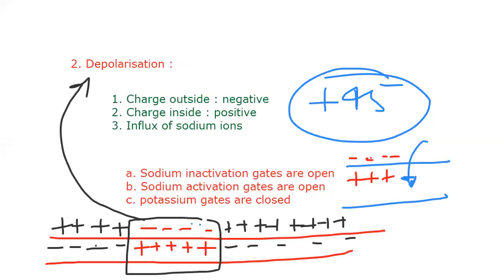Number 3, repolarization. Okay, so what we are writing will follow the same pattern. Charge outside, charge inside. Repolarization means normal condition, isn't it? Normal condition means again we have to say charge outside is positive.